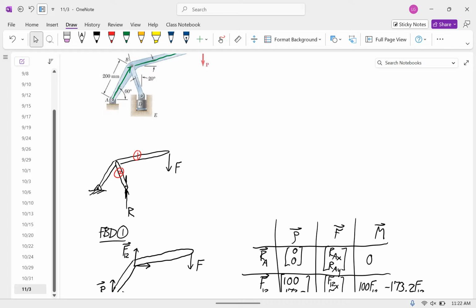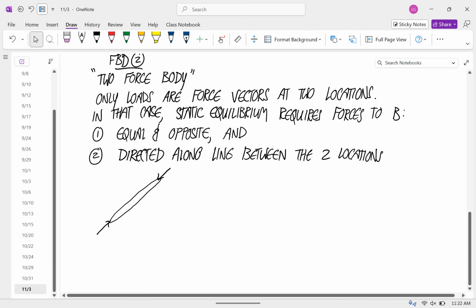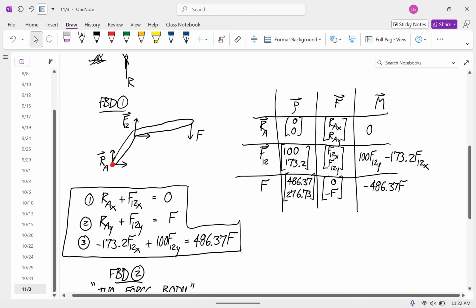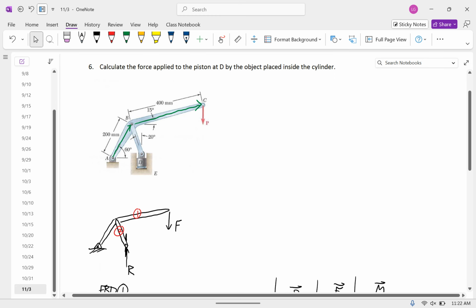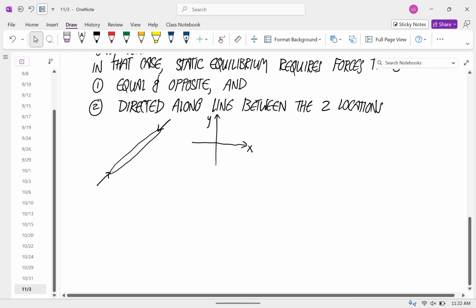So, okay, let's just give it a length. Here's my coordinate system. And that angle is 20 degrees from the vertical, which means this angle is 70 degrees.